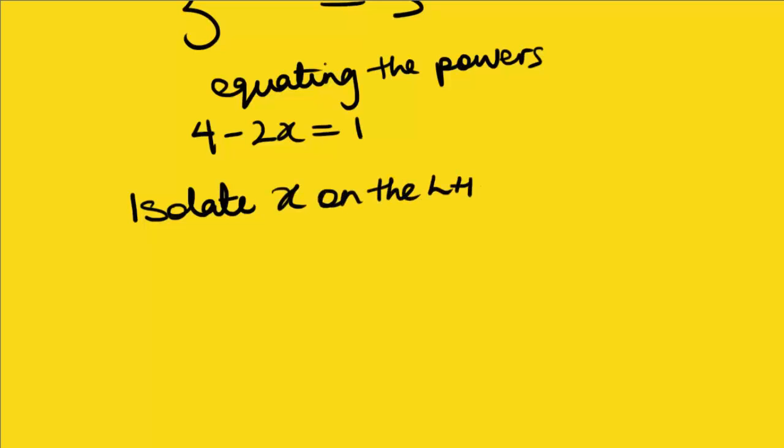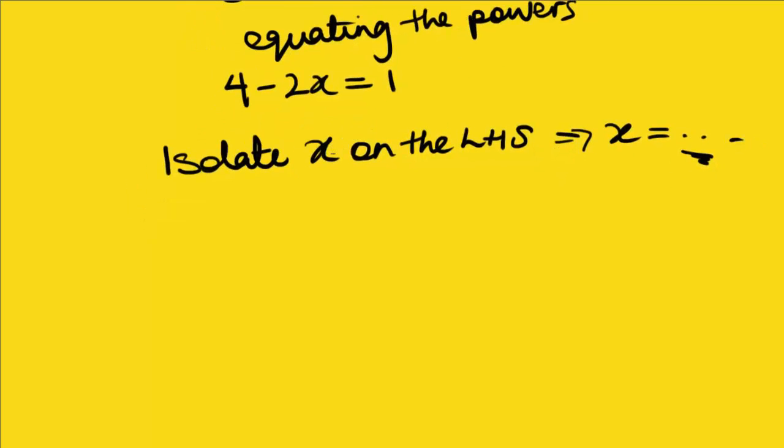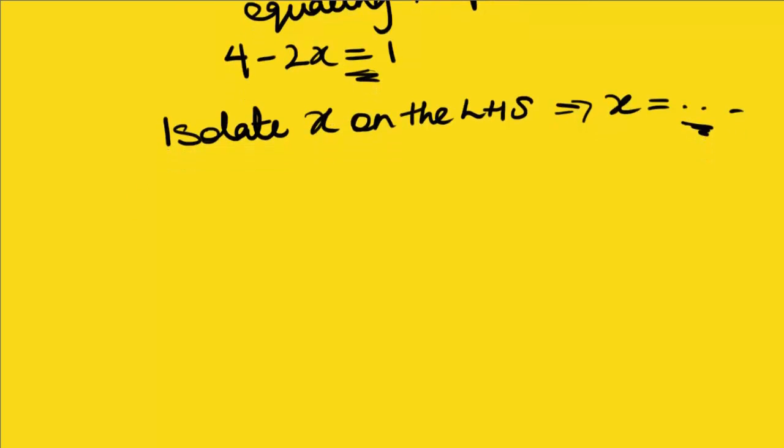That's the way I do it, I isolate x on the left hand side. I gradually carry out mathematical operations like addition, subtraction, multiplication, and division, so that eventually I'll just have x on its own and something of the form x equals whatever, and this will be the value of x. So from here, let's get rid of the 4 on the left hand side, so that we just have minus 2x left.